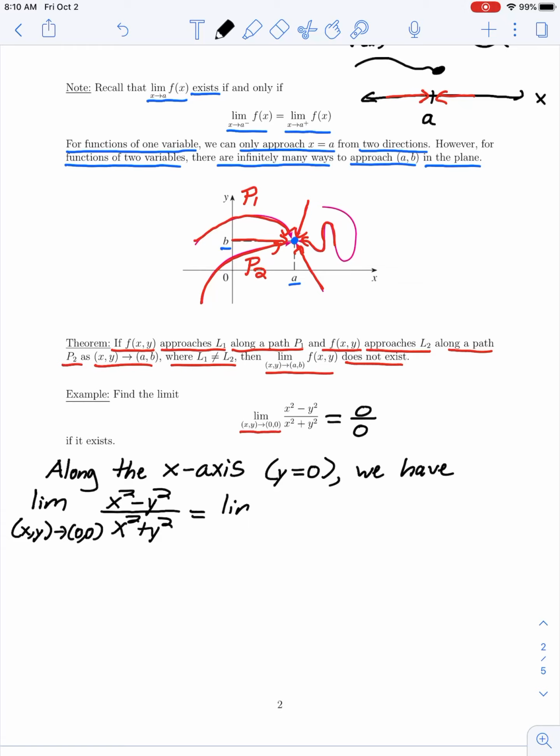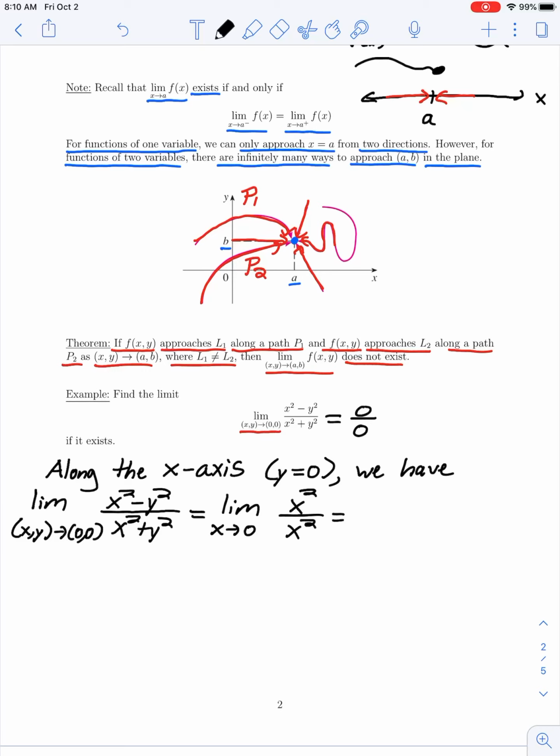So our function reduces to (x squared minus 0 squared) over (x squared plus 0 squared). So we now have a function that depends only on the variable x.